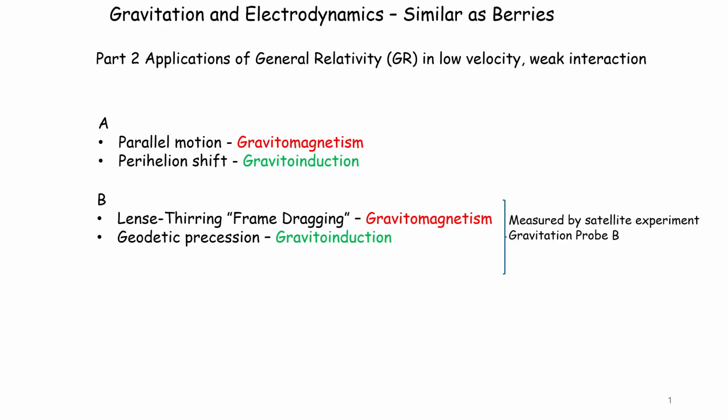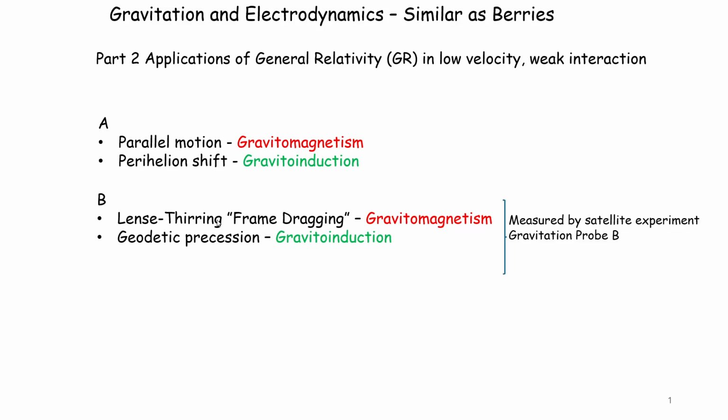And we will use our force formula that was derived by Einstein. And last time we checked the gravitomagnetism through parallel motion, not observable. But what is observable is the perihelion shift, which is a gravito-inductive phenomenon. And we derived the proper formula for that.